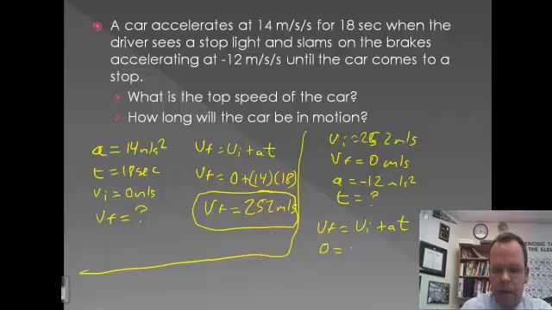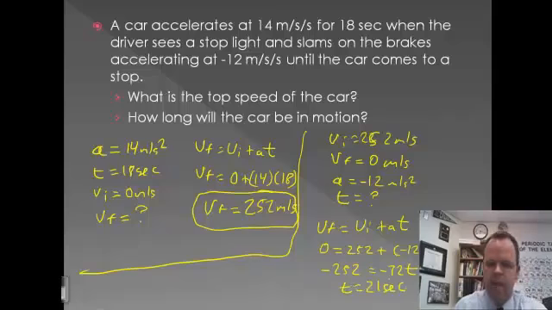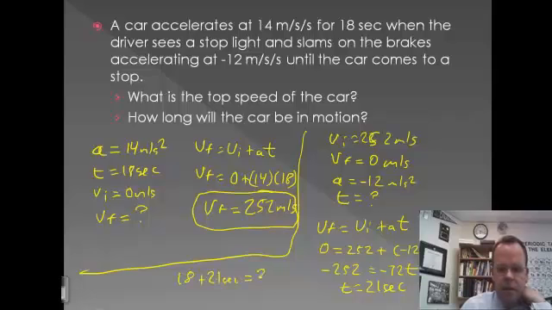So 0 equals 252 plus negative 12t. Negative 252 equals negative 12t. So now the time would be 21 seconds for it to come to a stop. So to answer the question, it took 18 seconds plus 21 seconds. So the total time in motion would be 39 seconds.